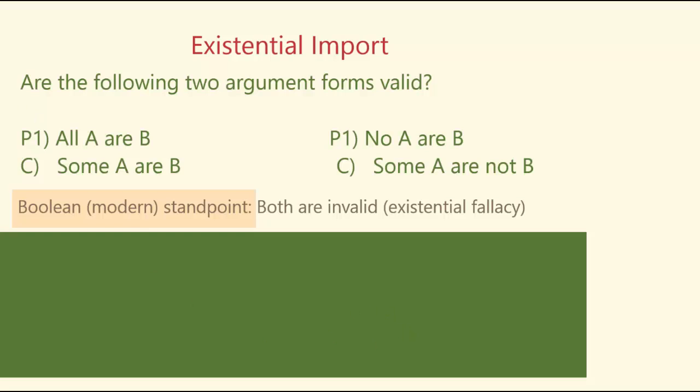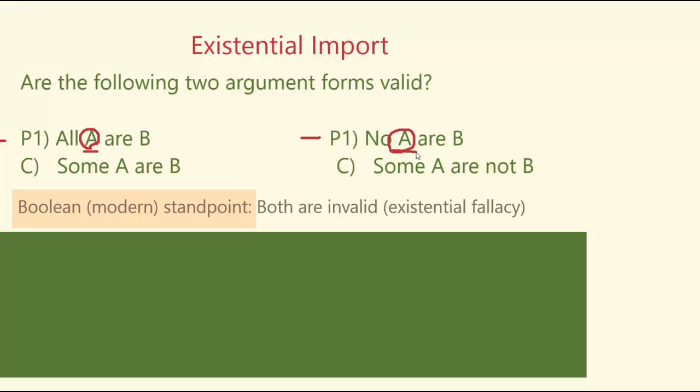And the reason for this is that on the Boolean standpoint or modern standpoint, neither of these premises have existential import. That is, they do not commit us to the existence of the things that are in the subject term place. So they do not commit us to the existence of, in this case, A's. And why is that?